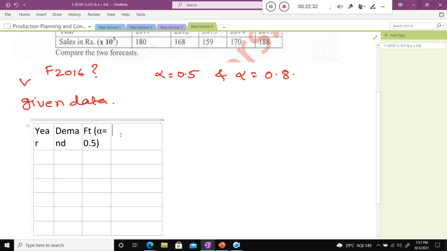The next, Ft when alpha is equal to 0.8, that is the two things you need to do.